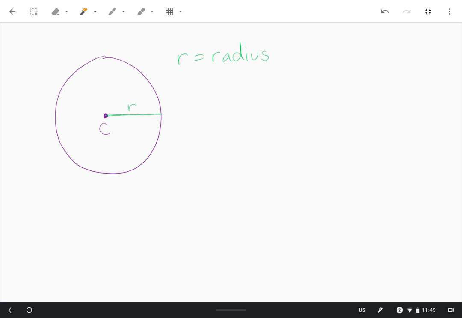And then we also have the distance that goes all the way through the circle from one end to the other through that center point. We call that the d, or the diameter. So within a circle, we have the radius and the diameter. And the diameter is exactly twice as long as the radius. It's made up of two radii, the one that goes to one edge and then in the opposite direction to the other edge.